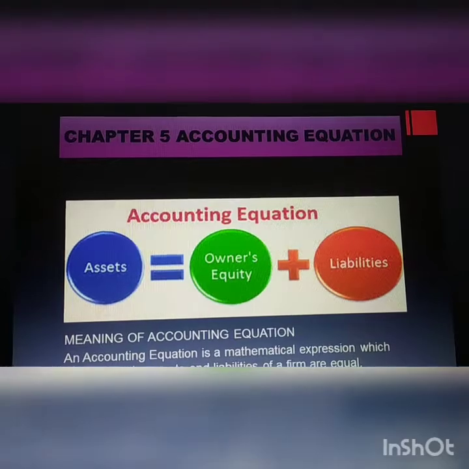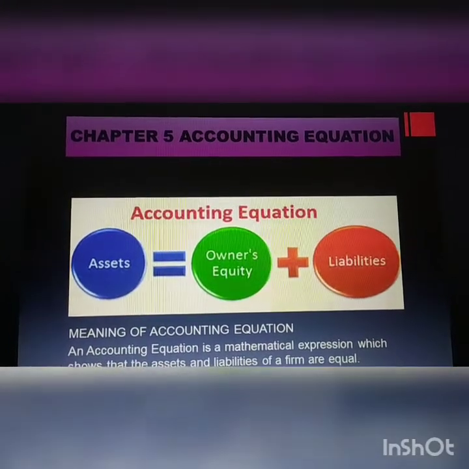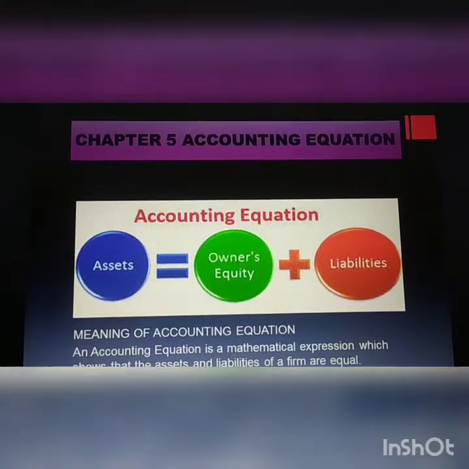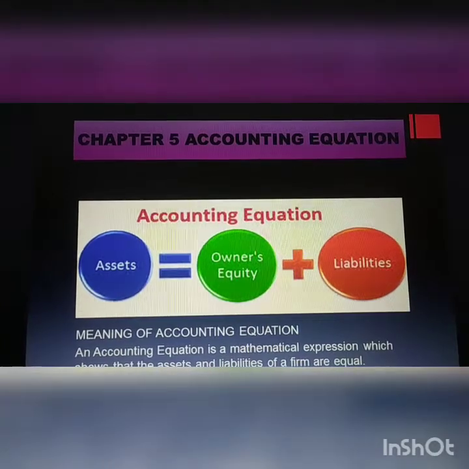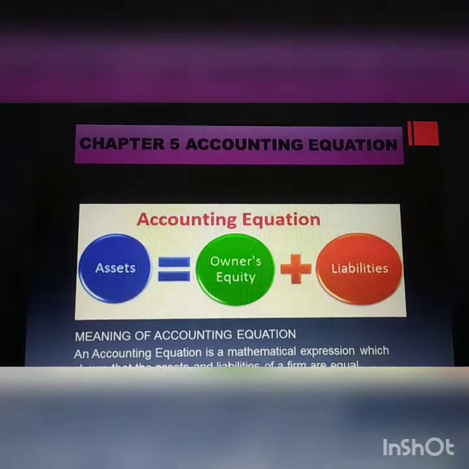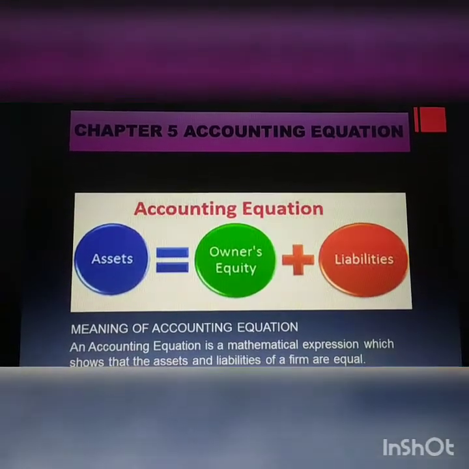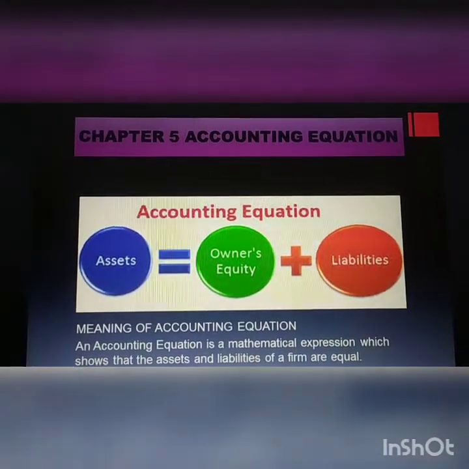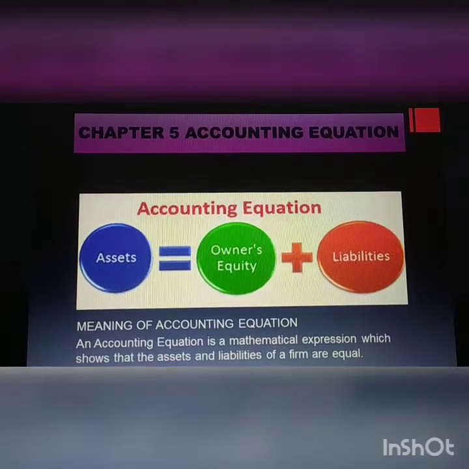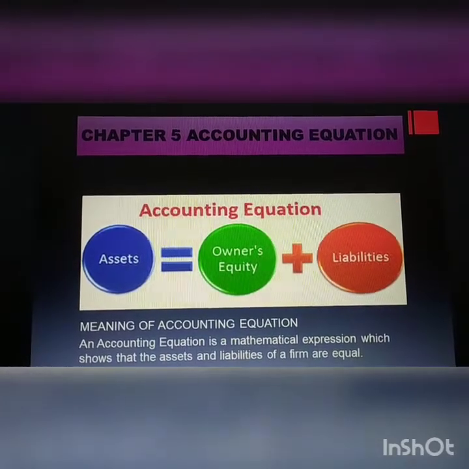Okay. For example, bank loan. Bank loan will be considered as your liabilities. Suppose you purchase goods on credit. In the business we are purchasing goods, but we are not making the payment right now. Okay, that will be called liability.